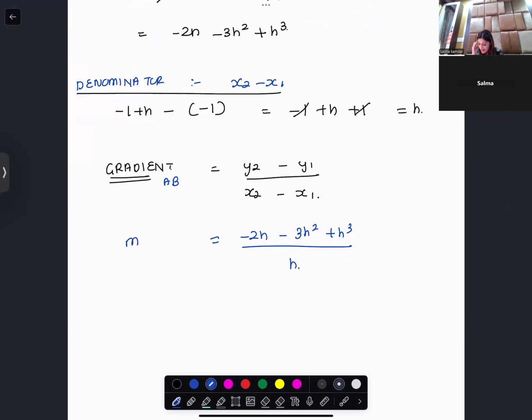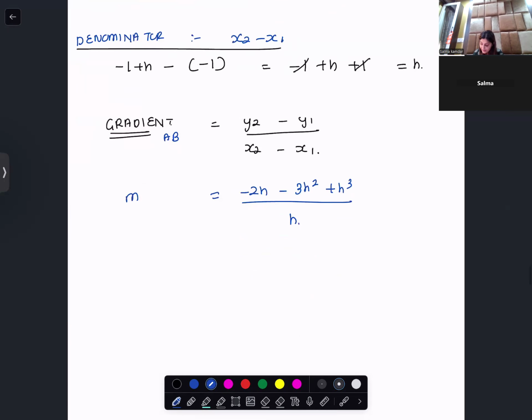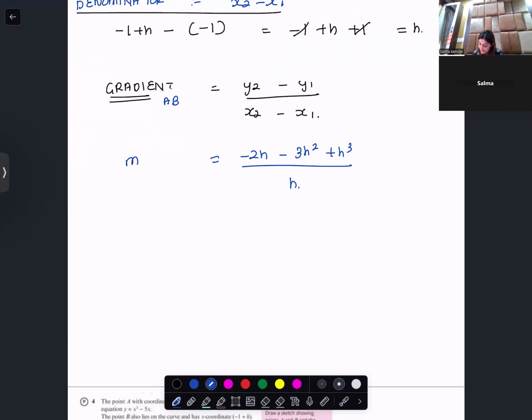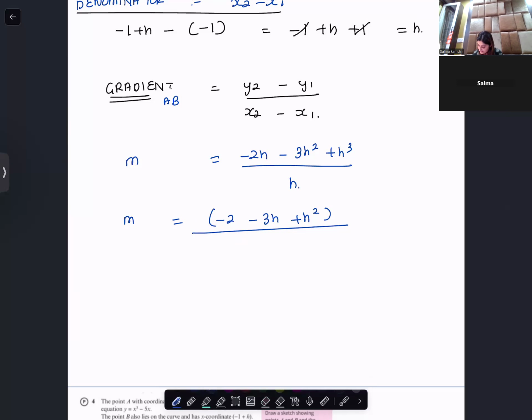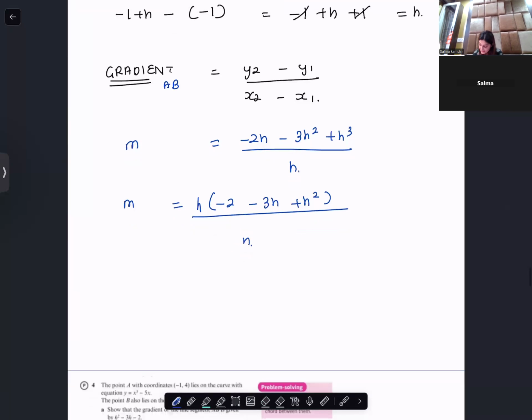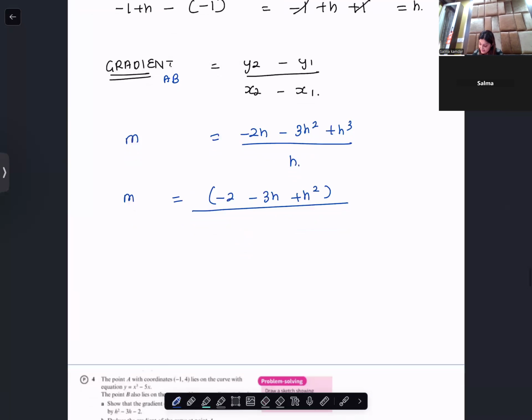That is my m. Now what will I do? I will factor out h. So m would be h outside, minus 2 minus 3h plus h square, divided by h. Let's not cancel h, though even if I cancel, it is fine. So this is my gradient.